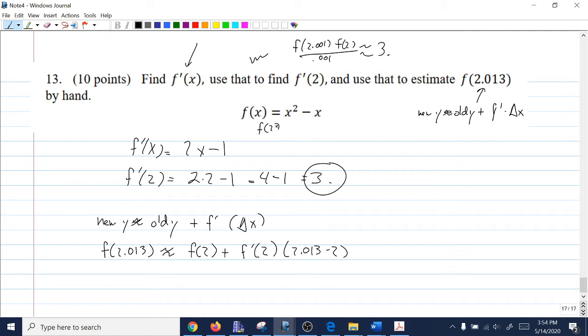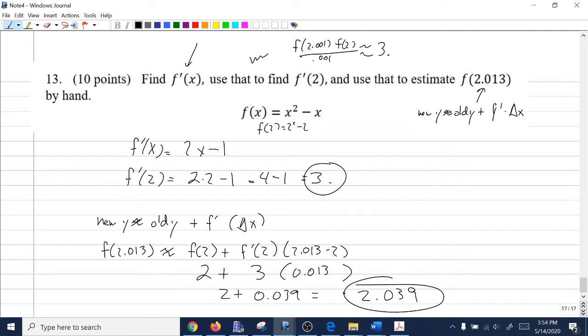F of 2 is 2 squared minus 2 is 4 minus 2 is 2. What's f prime of 2? I found that it was 3. What's that difference? It's 0.013. 3 times 0.013 is 0.039. Add 2, you get 2.039. F of 2.013 is about 2.039. And we did that by hand. That's it. That's the practice exam.